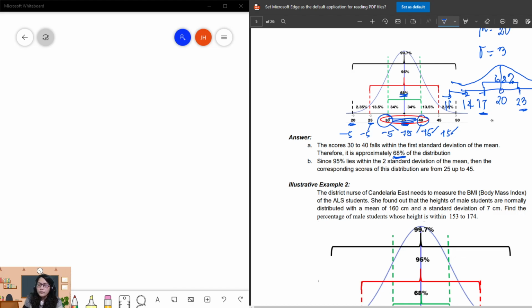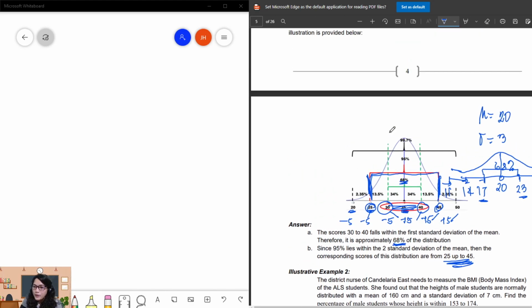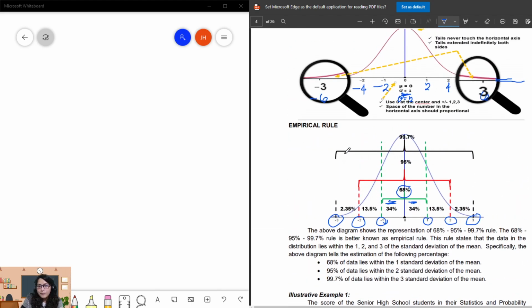Because we are following the empirical rule, this is 95% of the mean, and the corresponding score distribution is from 25 to 45. So 25 up to 45. That is the limitation. Okay? I hope it's clear to you how to get the percentage using the empirical rule.